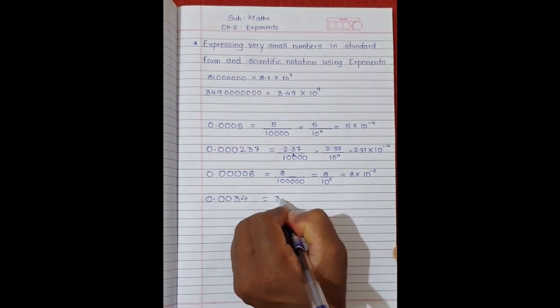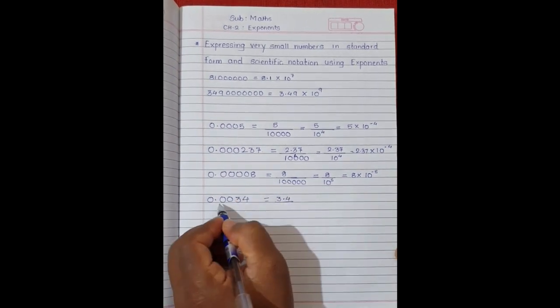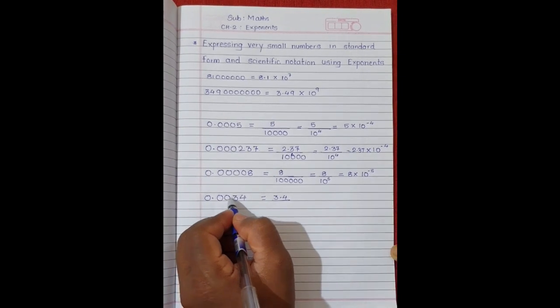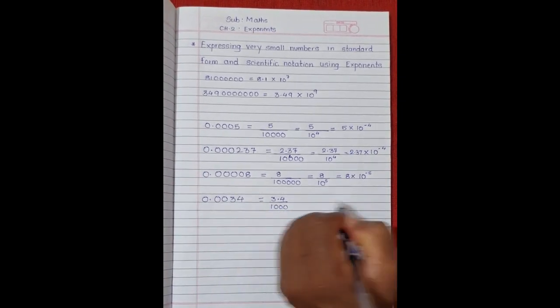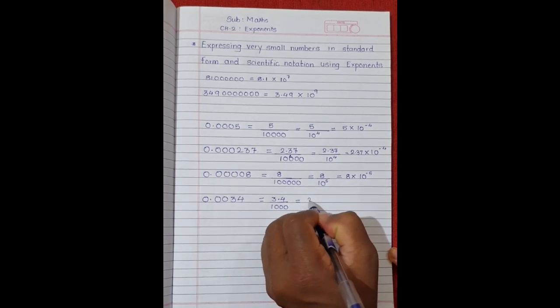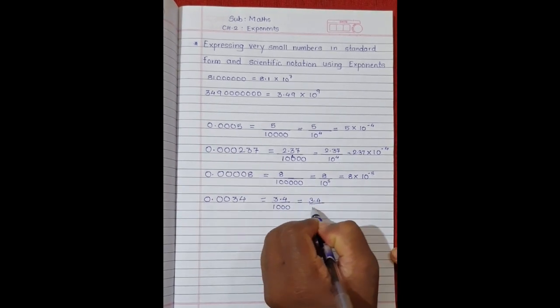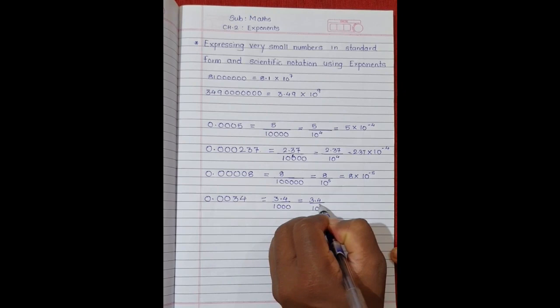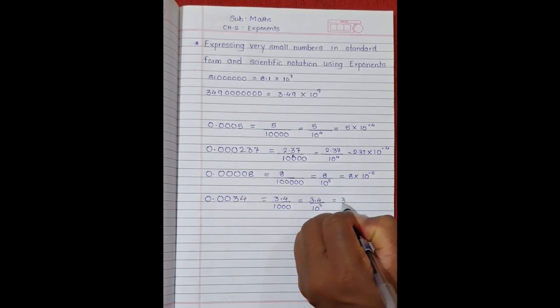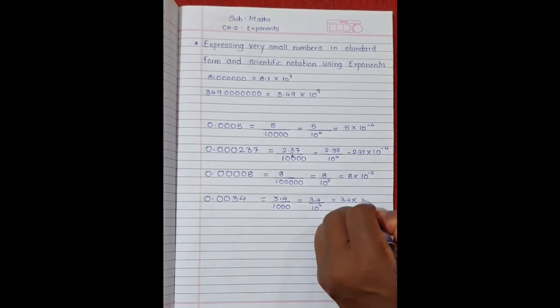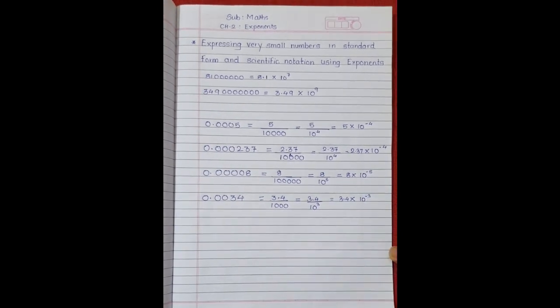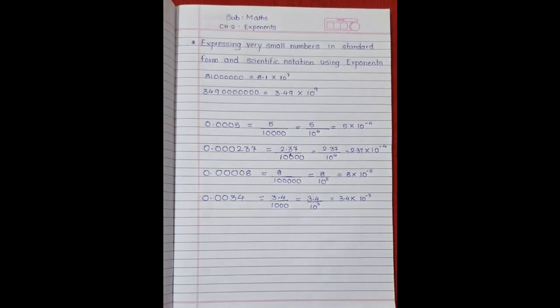So 3.4 upon, how many places have we shifted? 1, 2, 3. That's why 3 zeros after 1. It is equal to 3.4 upon 10 raised to 3, which is 3.4 into 10 raised to 3 brought up, it will become 10 raised to minus 3. So the answer is 3.4 into 10 raised to minus 3.